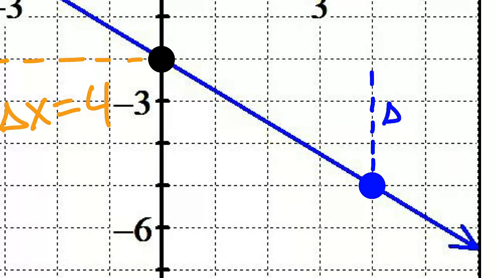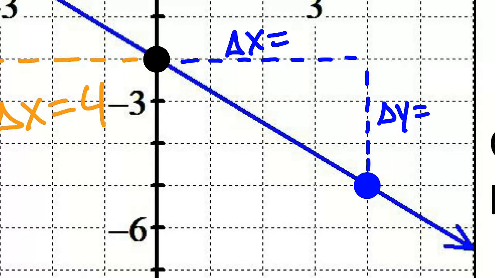And now, if we look at going from the blue to the black dot, our delta y and our delta x. Anyone willing to volunteer ideas here? What is our delta y as we go from here up?